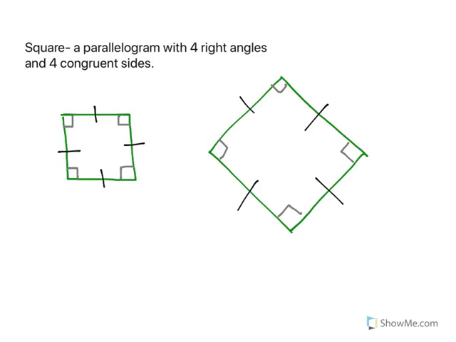It is a square because not only does it have two pairs of parallel lines and four right angles, but it has four congruent sides. All the sides are equal. Now you'll notice that there are no symbols on here for parallelness, and that's okay because it would become very distracting to have every mark on here. But you can see that these two shapes, it does not matter the orientation, which way it's turned, are both squares.